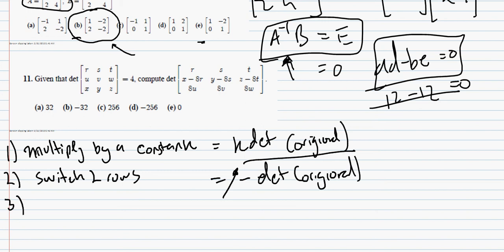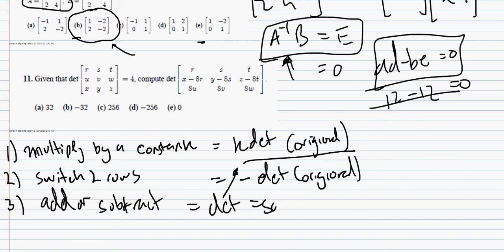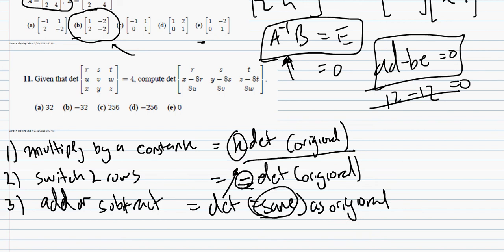A third rule is if you add or subtract a multiple of one row to another, the determinant stays the same, so the determinant doesn't change. And for the fourth rule, you can also take a transpose, and the determinant is the same.